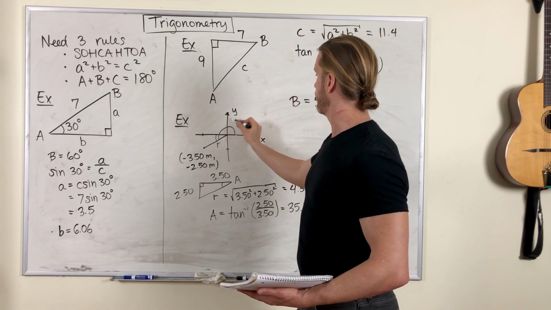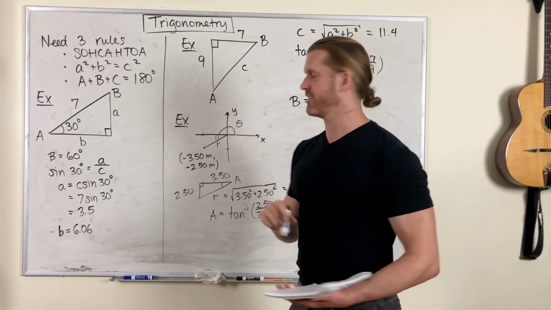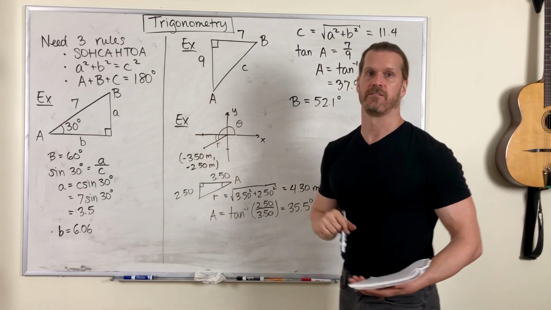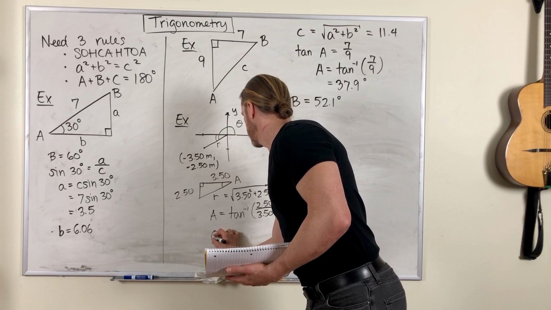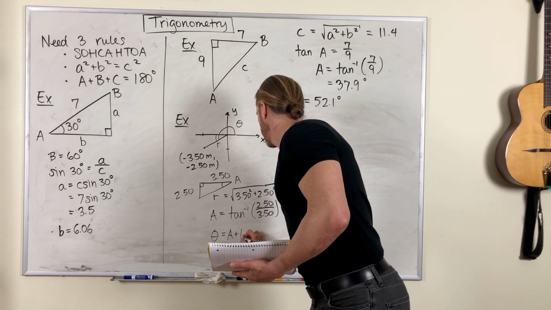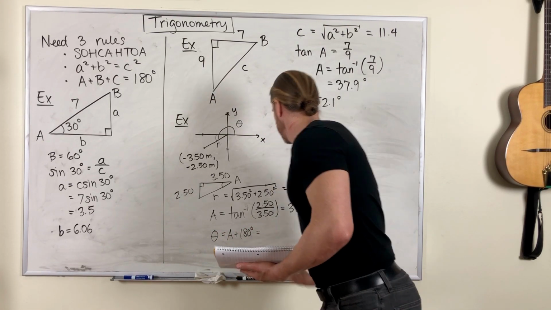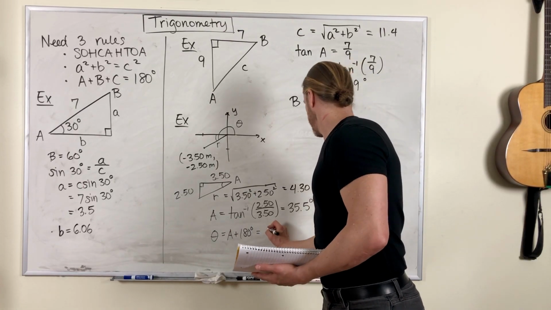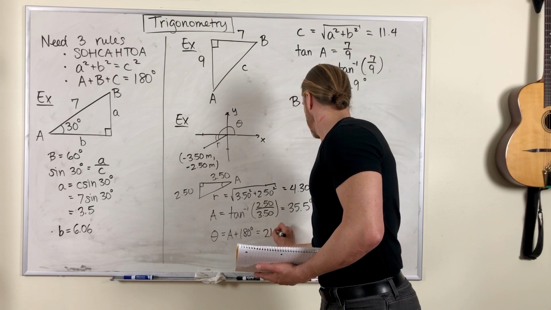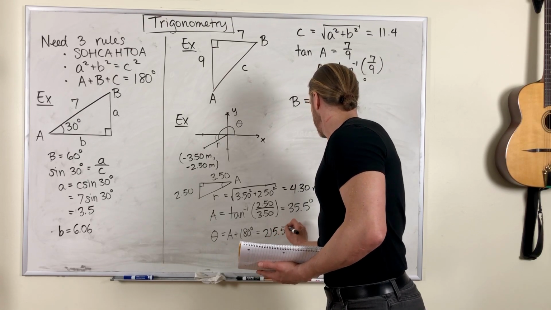And if we add an extra 180 degrees to that, then that's the full angle theta from the x-axis. So theta is A plus 180, which would be 215.5 degrees.